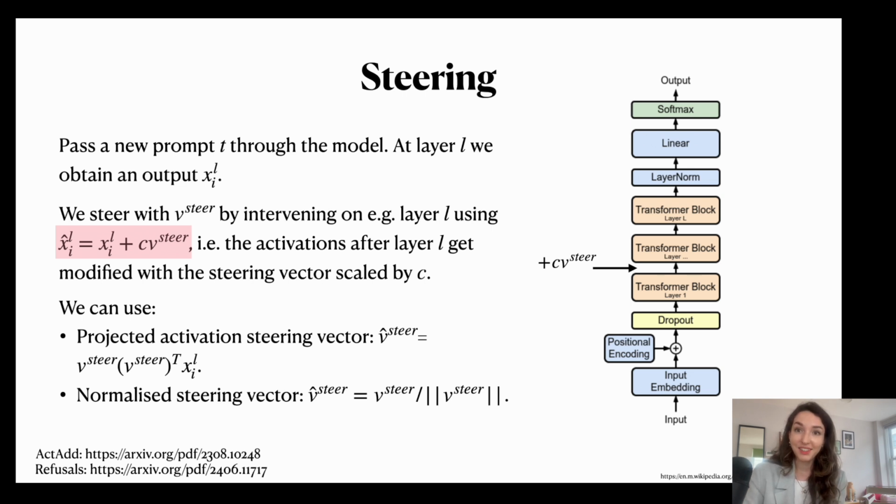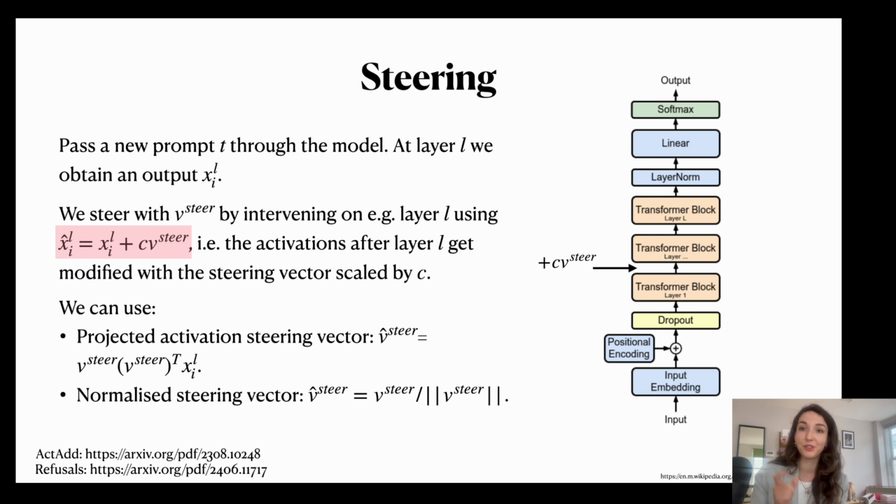How do we then do the steering? We also saw this already before, but basically we would take in a new prompt and pass this through the model. At a specific layer, we would get an output X_i^L, and we would steer by intervening on this layer by adding in our steering vector scaled by a constant of choice C. Again, some choices that we can make.